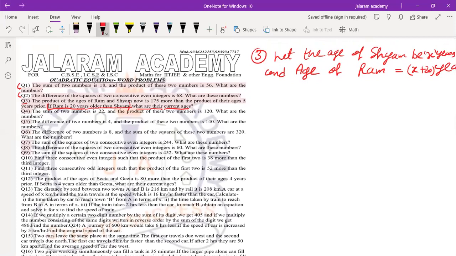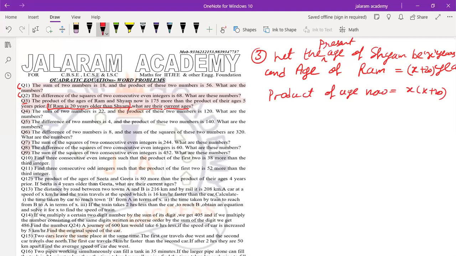The product of the ages of Ram and Syam now means the current product, X into X plus 20. So this is the present age of Ram. We have to write present or current. Present age of Syam is X years and present age of Ram is X plus 20 years.